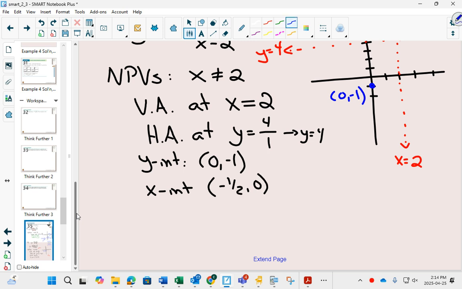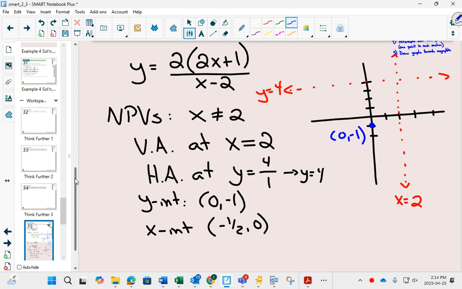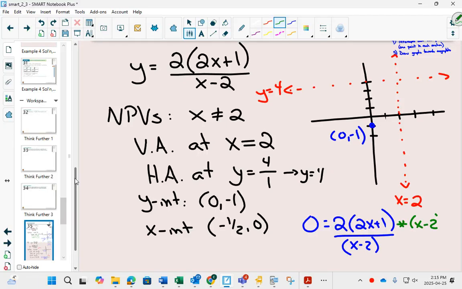So using the shortcut, your x-intercept you can find by just looking at your numerator. Okay? If you would like to do it a longer way, plug in 0 for y, and I'm going to take the factored one here, 2x plus 1 over x minus 2. Plug in 0 for y and solve. Well, how do I get rid of a fraction? I can multiply this side by x minus 2, and I can multiply this side by x minus 2. Does it make sense those x minus 2's would cancel?